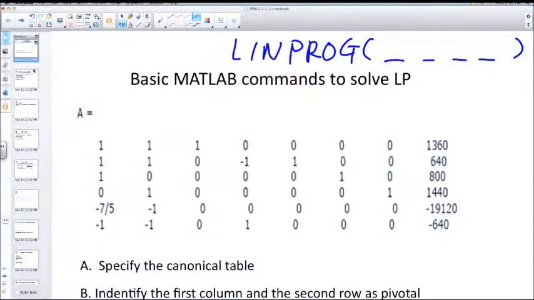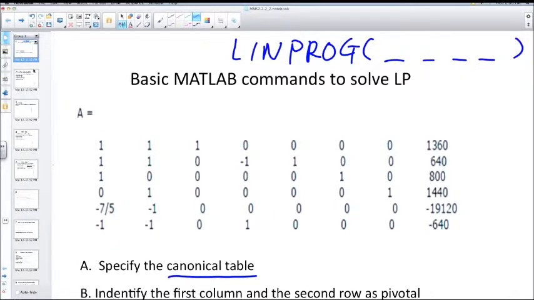A good balanced way is to use the MATLAB basic commands to solve this linear programming problem, as I'm going to show you right now. So to solve the application of the milk delivery problem, step one, I would like you to specify the canonical form of the table.